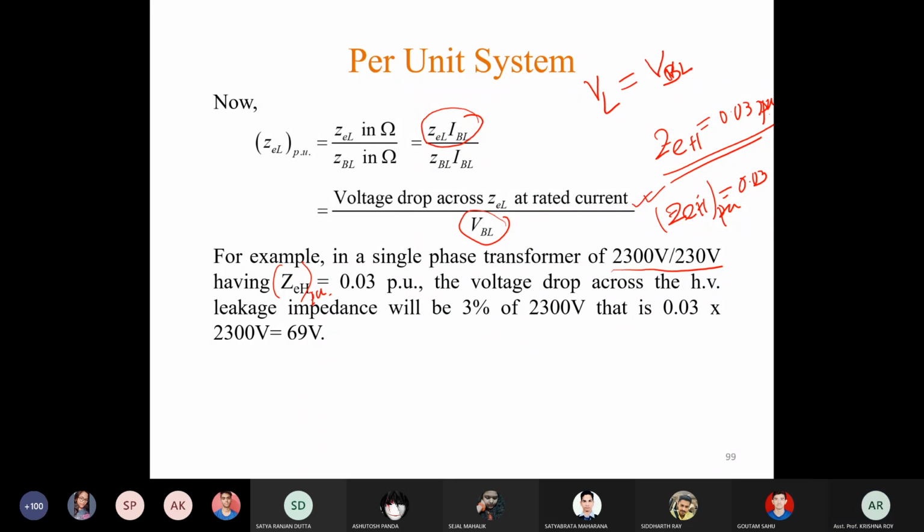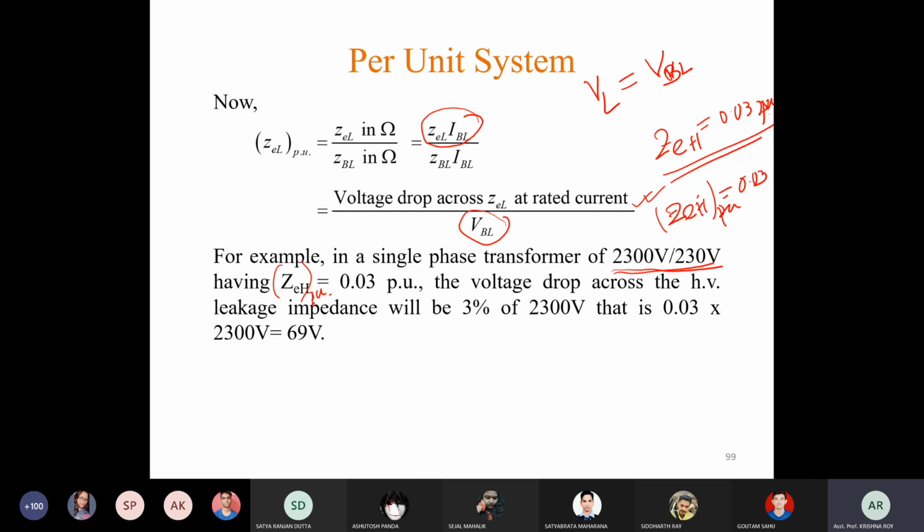Suppose any transformer having this voltage rating has its per unit impedance from the high voltage side as 0.03, which means we can calculate the leakage impedance drop directly using this 0.03 per unit value.